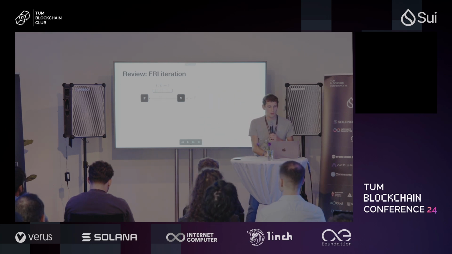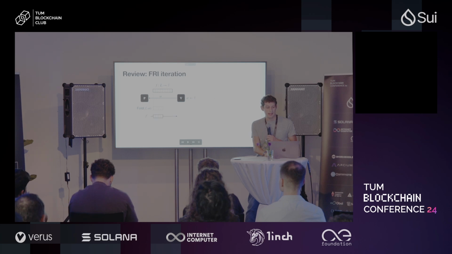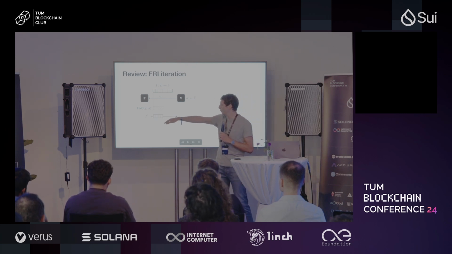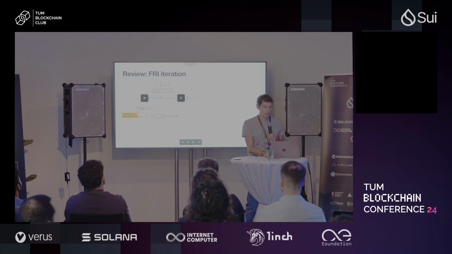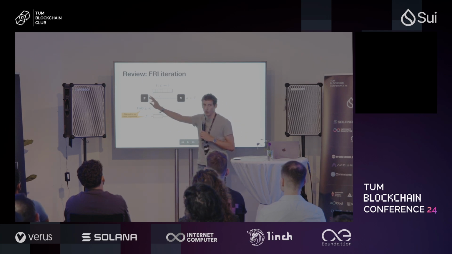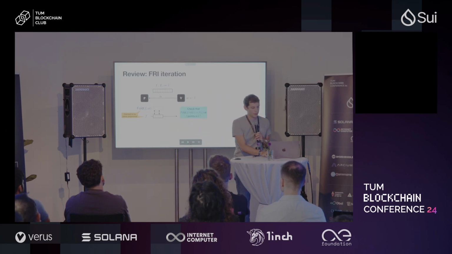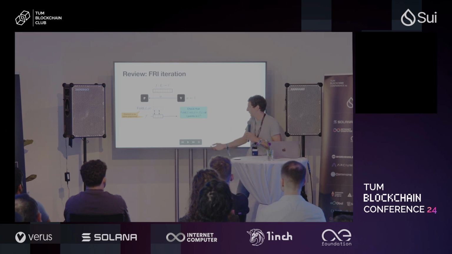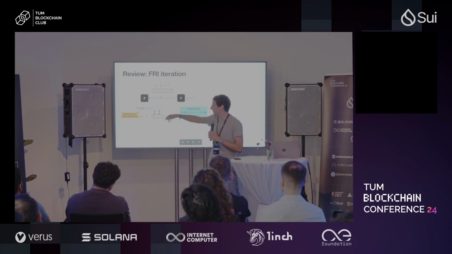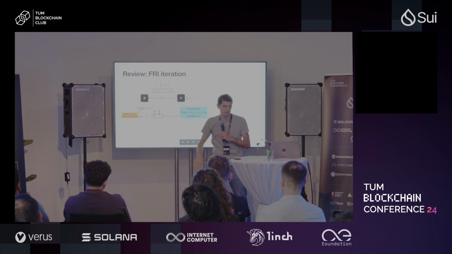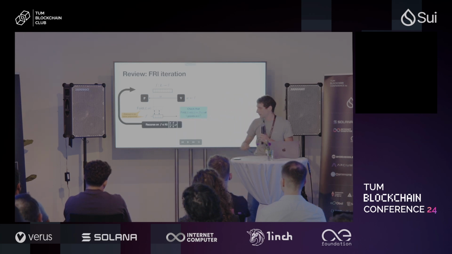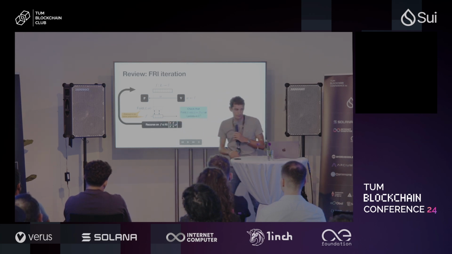What I will do is first fold, and then ask the prover to send me a new function f prime, which is claimed to be the same polynomial as the fold. Of course, I don't really trust the prover, because it's a prover. I cannot trust it by definition. So I have to keep it accountable. I check that the fold and this f prime are actually the same, and then I just keep recursing on f prime.